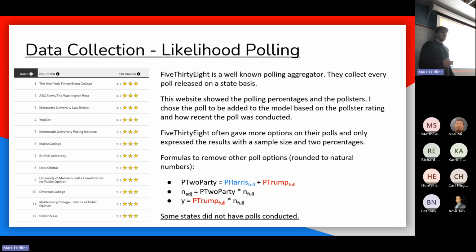Some pollsters were very kind and they actually provided that, so I could just enter that. But a lot of them did not. However, some states did not have any polls conducted. So as before, like I said, Kentucky has been a red state, as they say, for the last 6 election cycles. And there's no reason that they think it's going to change. So I guess polling Kentucky would sort of be a waste of resources.